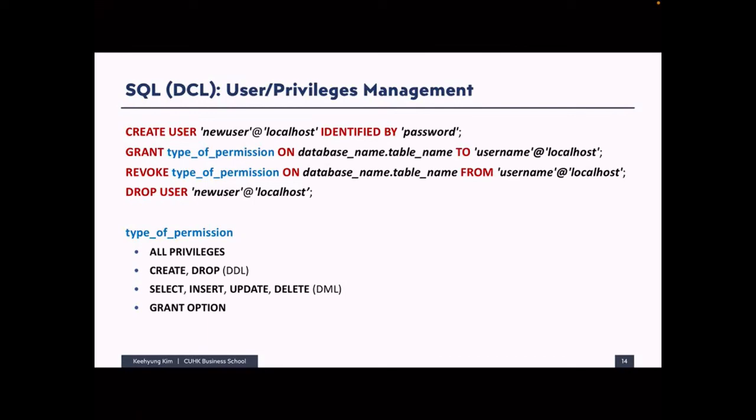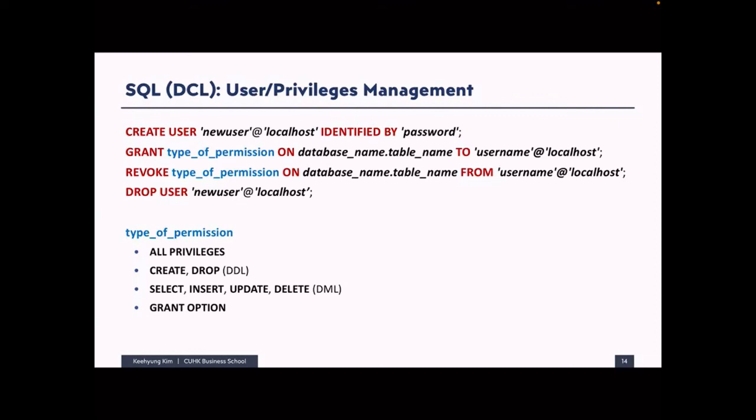That's possible because the job of a data scientist is reading the data the company has and analyzing it. But they are unlikely to change the data the company already has. In that case, you can give only select permission to that user. So you can choose appropriate permissions for the different roles employees have in the company.